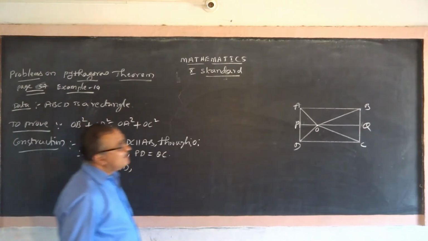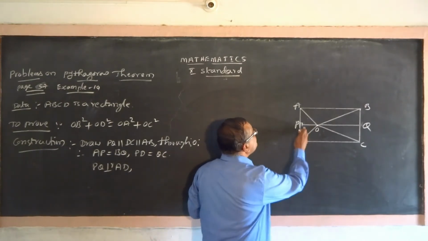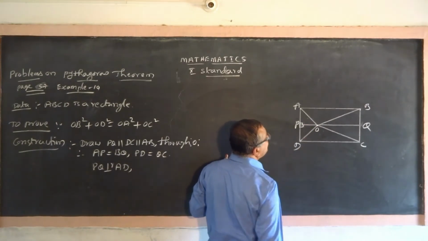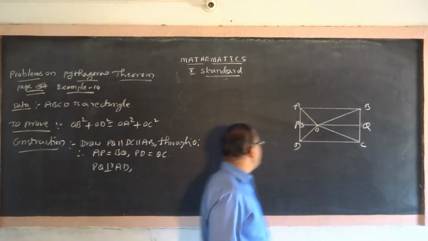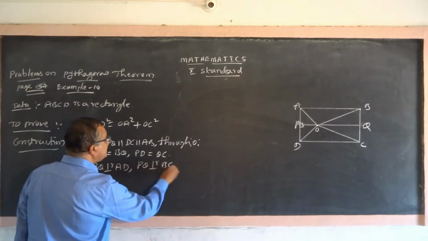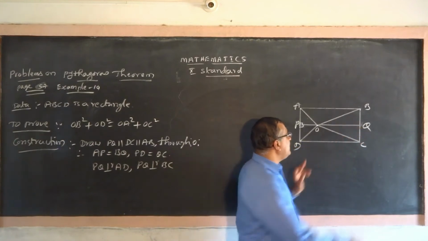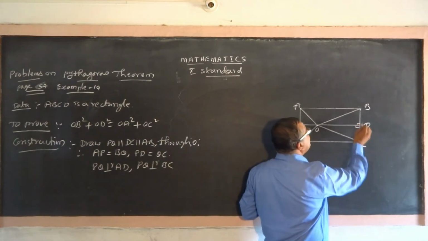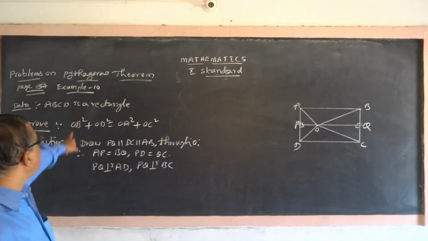You see, this PQ is perpendicular to AD, so here it is 90 degree. Similarly, PQ is perpendicular to BC, so here it is 90 degree and here it is 90 degree.